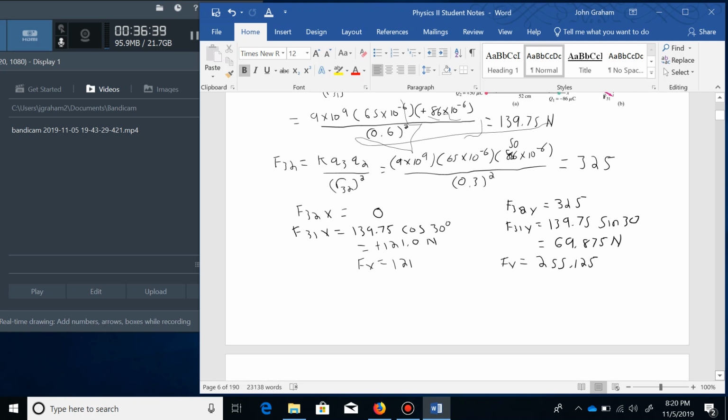And so what we can do now is we can take and find F. This is the square root of 121 squared plus 255.125 squared.